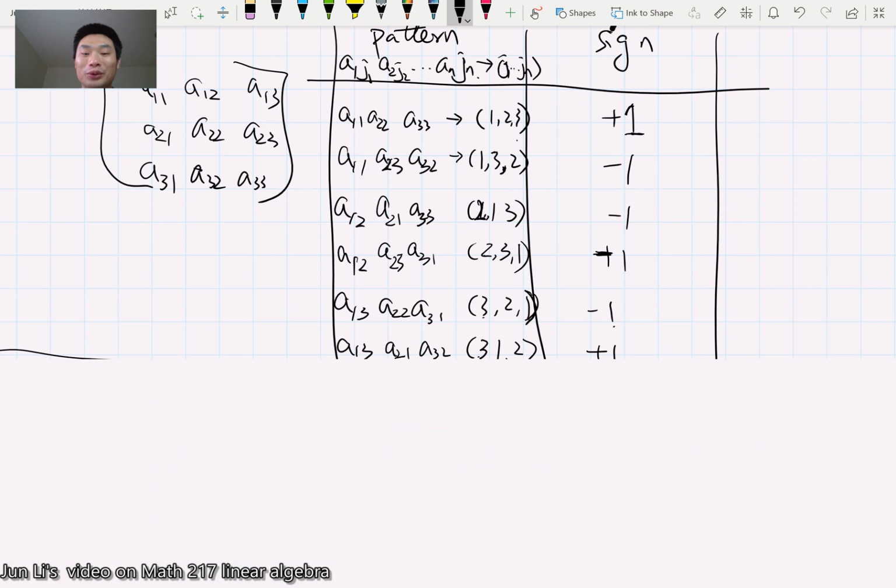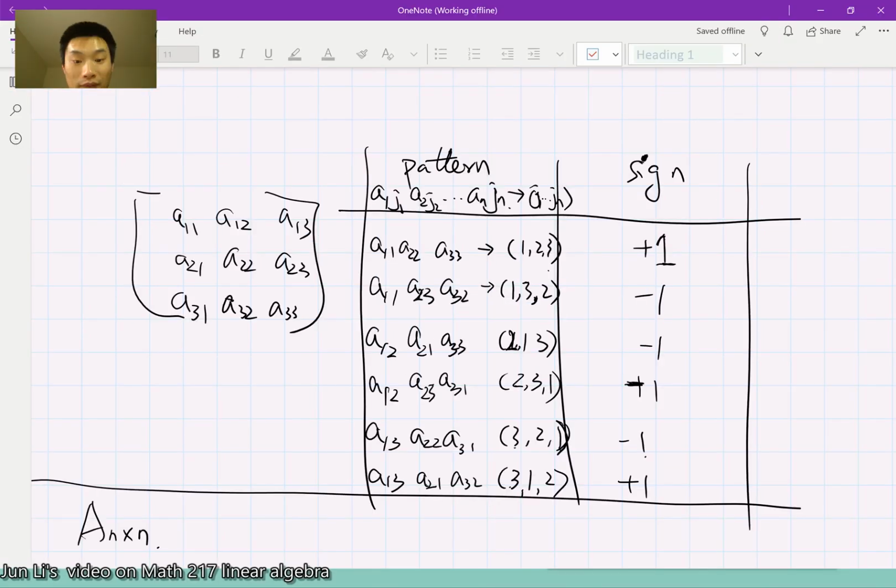Six. We take 1, 2, 3; 1, 3, 2; 2, 1, 3; 2, 3, 1; 3, 2, 1; and 3, 1, 2. So in total, we have 6 reorderings, so 6 patterns.